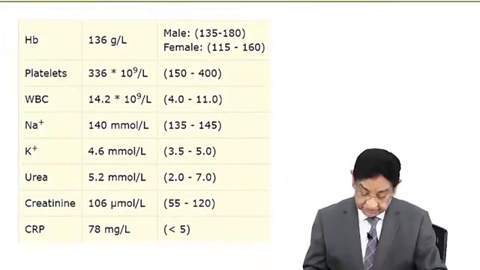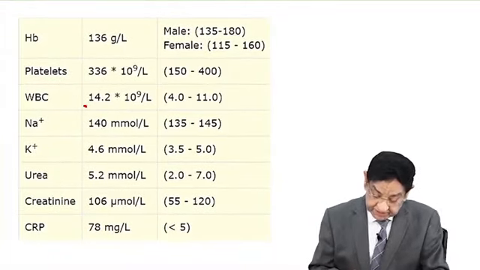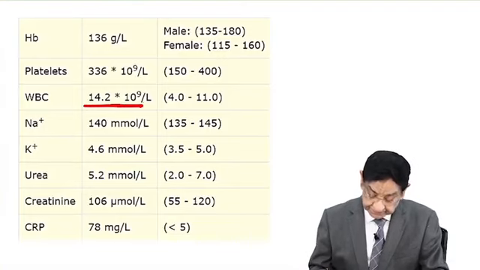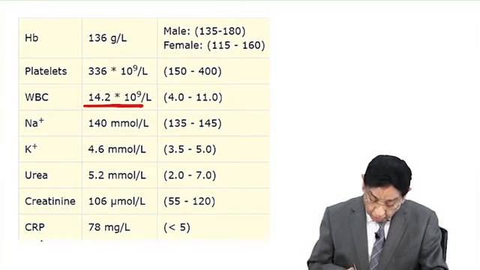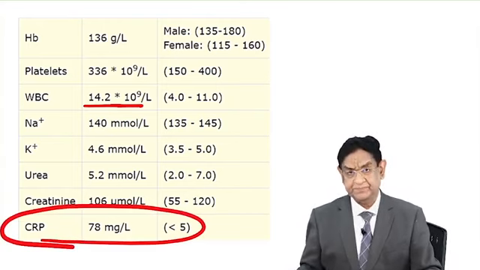If you look into the investigations, WBC count is high, and the rest of the investigations are within normal limits. Oh, CRP is raised.